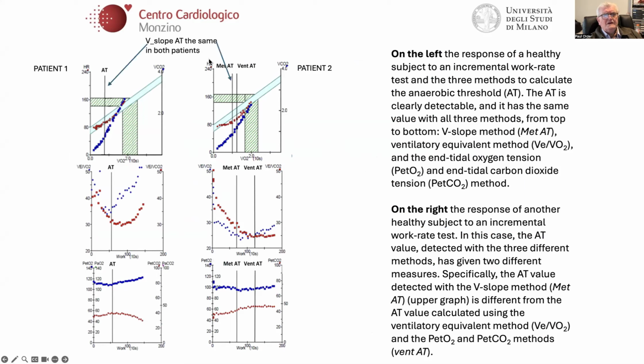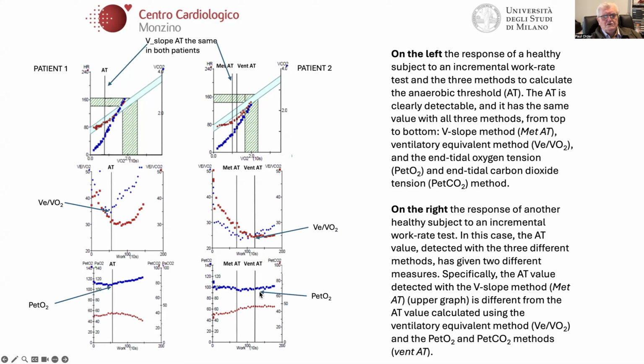The V-slope method of determination of AT is the same in both patients. There it is. However, the VO2, which is here in this patient, is right down here in this one. Clearly, a very different point.